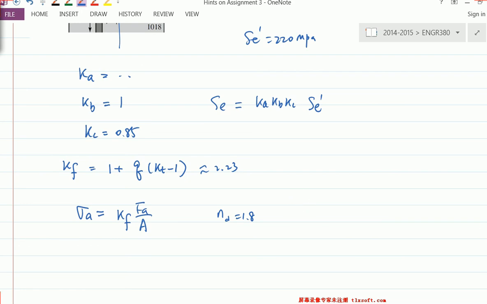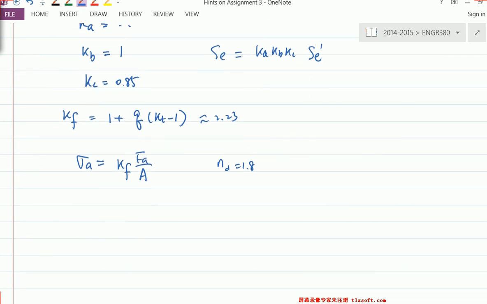The question is, if this is designed for infinite number of life, what does that mean? It basically means we are comparing the sigma A with the endurance limit. This is completely reversed stress.